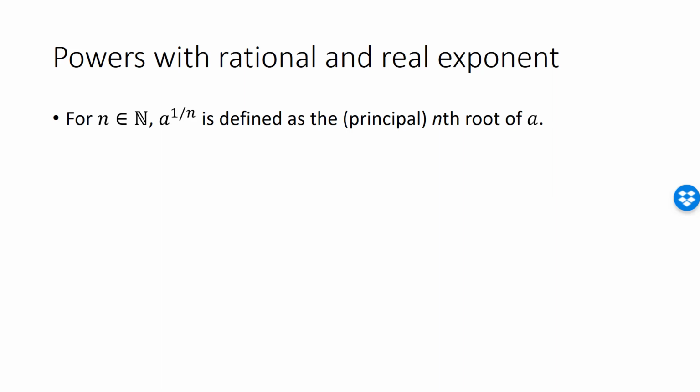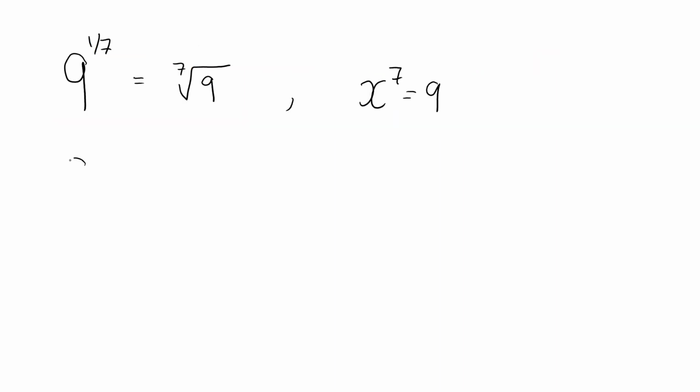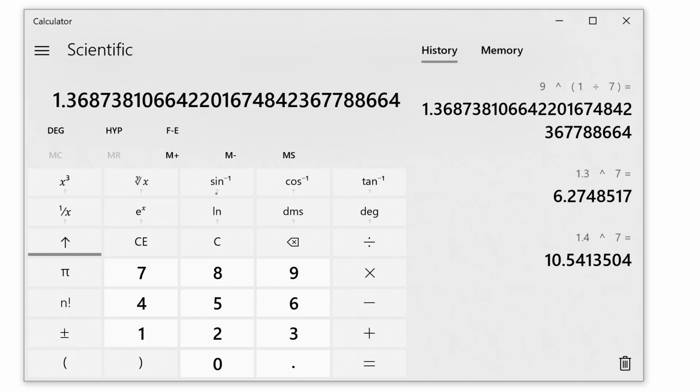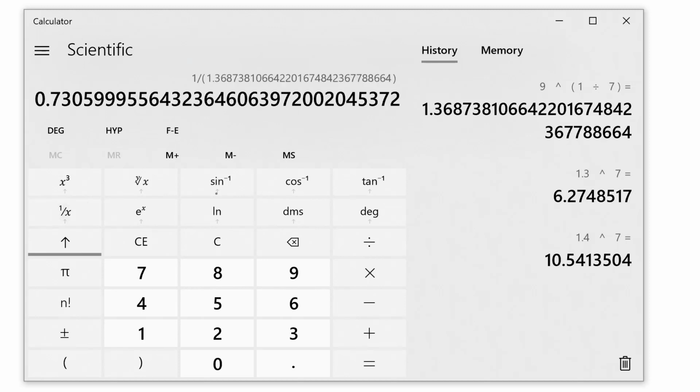Next, we define exponentiation when the exponent is the negative of 1 over a natural number. For example, 9 raised to minus 1 over 7 is defined as 1 divided by 9 raised to 1 over 7. Thus, 9 raised to minus 1 over 7 is defined as 1 divided by 1.369, which is around 0.73.